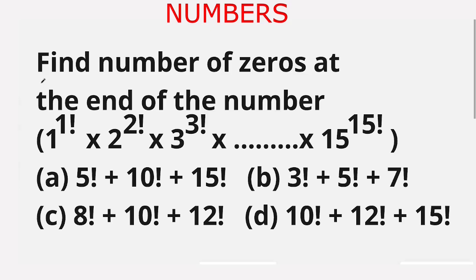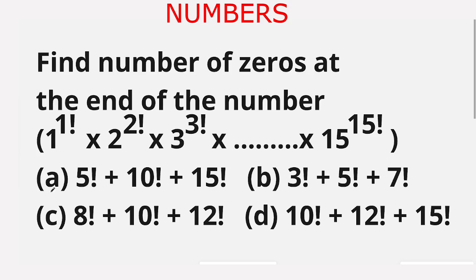Our question is, find the number of zeros at the end of the number 1 raised to power 1 factorial multiplied by 2 raised to power 2 factorial multiplied by 3 raised to power 3 factorial, and so on up to 15 to the power 15 factorial.